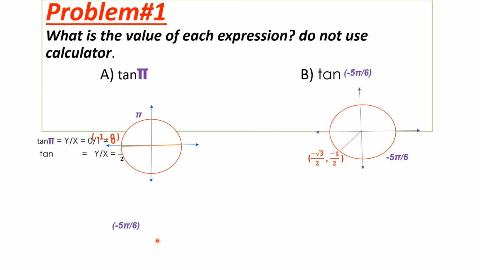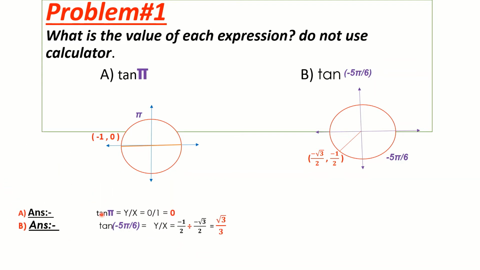We know that tan is y over x, as tan is defined as the ratio of sine to cosine. Sine is y, cos is x. So sine over cos is y over x, which means you just pick the coordinates from here. The value of y here is 0 and the value of x is negative 1.